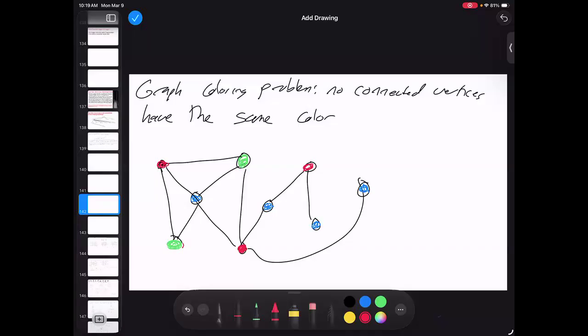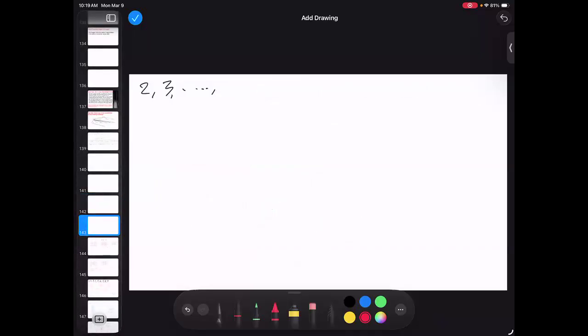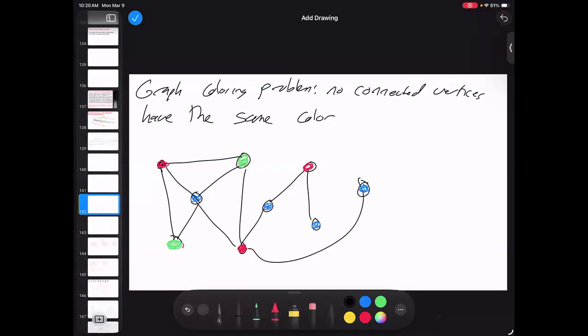Okay. So let's say I give you the numbers 1, 2, 3, up to 126. We just saw if we have 3 vertices that are all connected, they have to be different colors. So this needs 3. If I give you 4 vertices that are all connected, how many colors do I need?